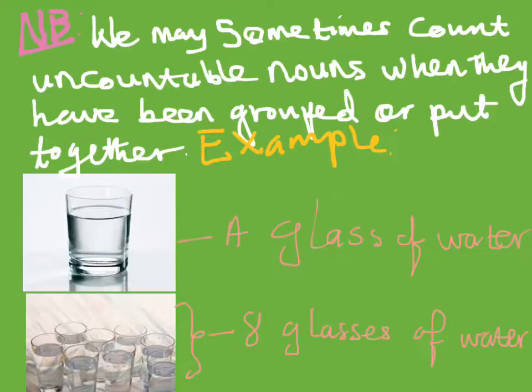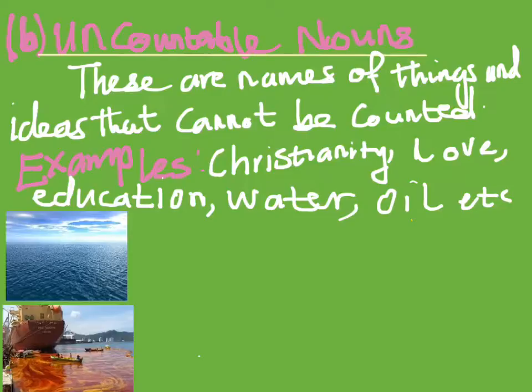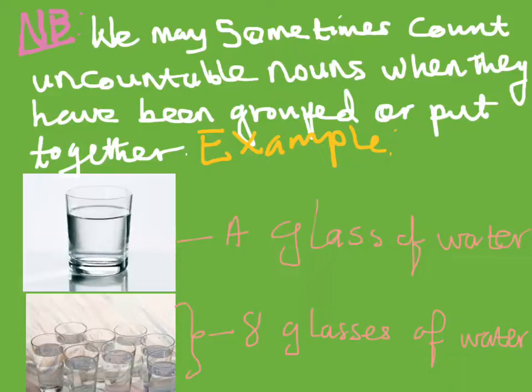But if the water is just in a sea, as we have seen here, you cannot count it because it is liquid. Same with oil, you cannot count it, and so we say they are uncountable nouns. But when grouped together, they can be counted.